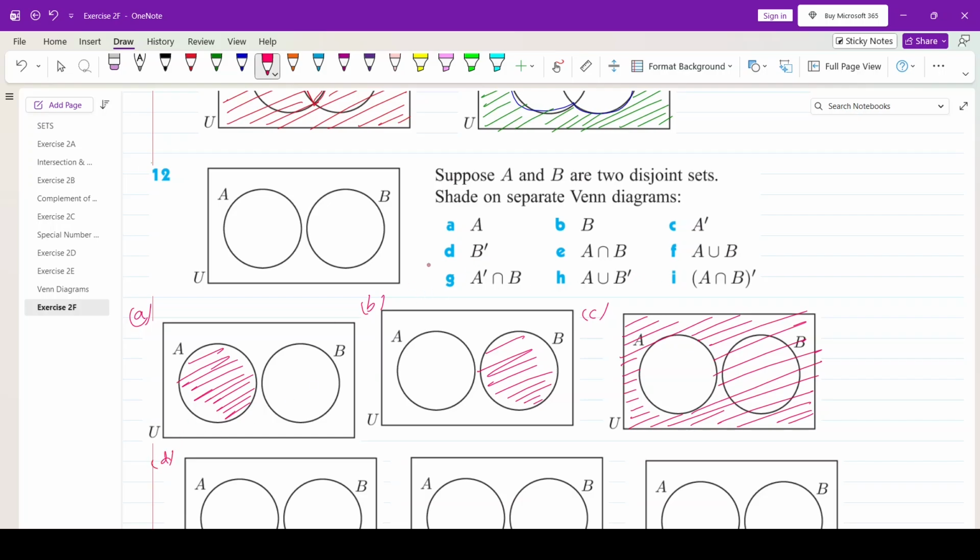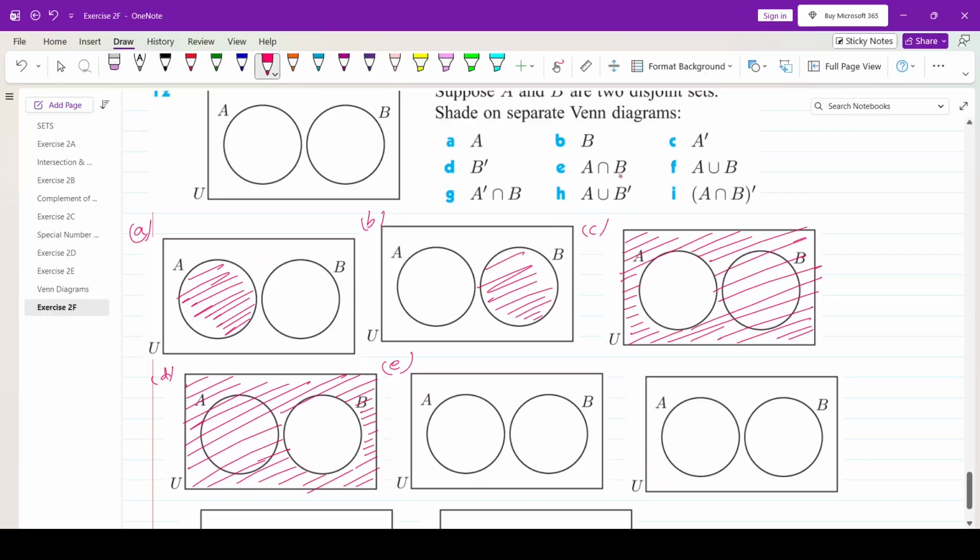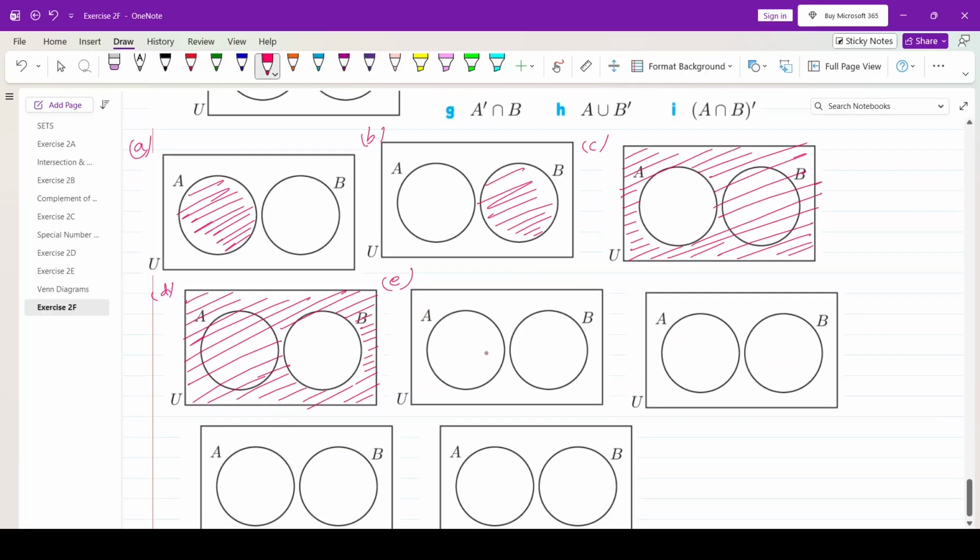Part D says B complement. B complement will be this. Part E says A intersection B. So there will be no part in A intersection B. So there is nothing to shade.